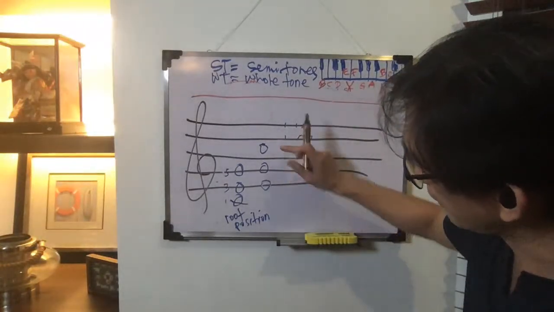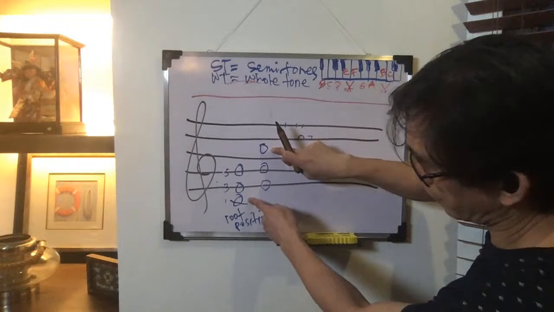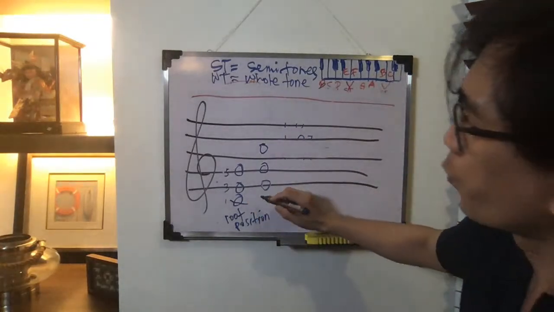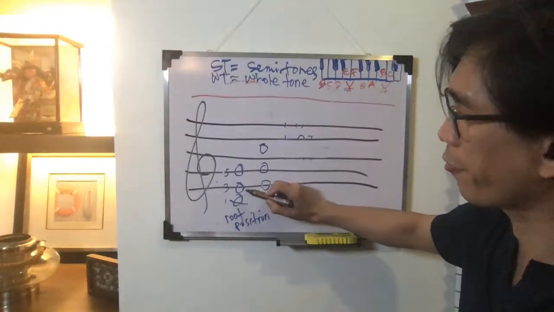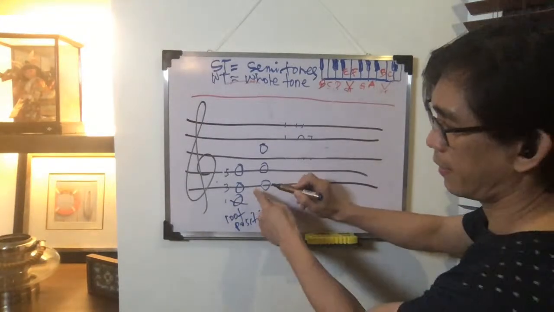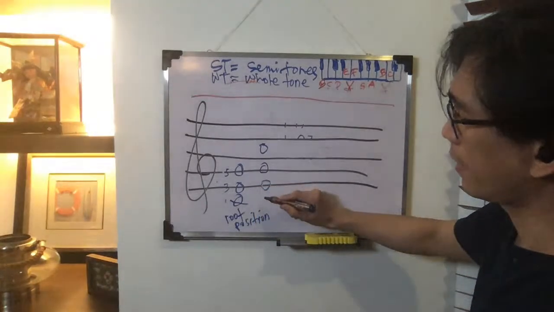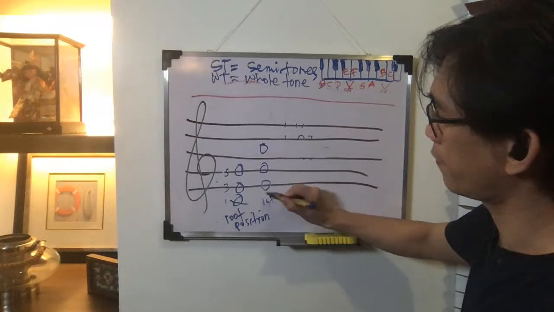So now let's see. This is C. It's actually that one. When the lowest note is the third, see here, E, E, then we call it first inversion.